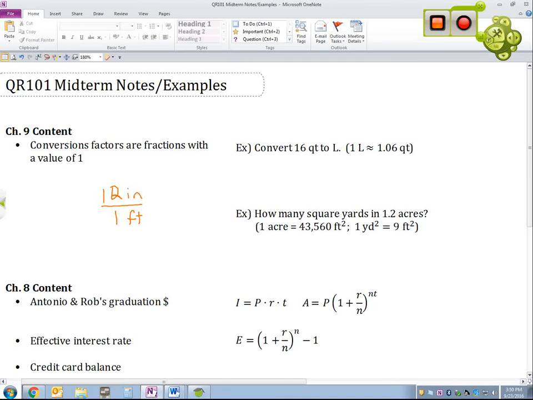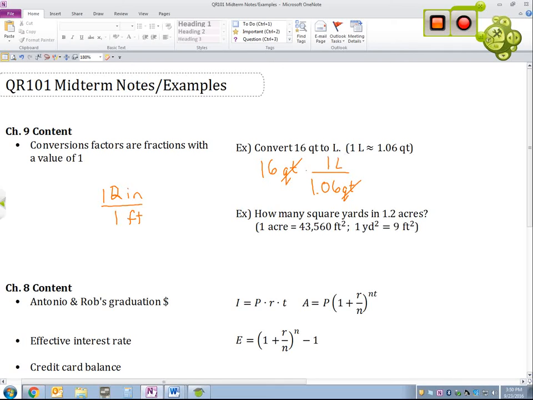So on the first example here, I've got convert 16 quarts to liters. My conversion factor is that 1 liter is about 1.06 quarts. So when I'm converting that, using my units as well, I have 16 quarts, and I'm going to multiply by a fraction with the 1 liter and the 1.06 quarts, except I know that my quarts needs to go in the denominator so that it can be canceled out with the quarts from the 16, okay?